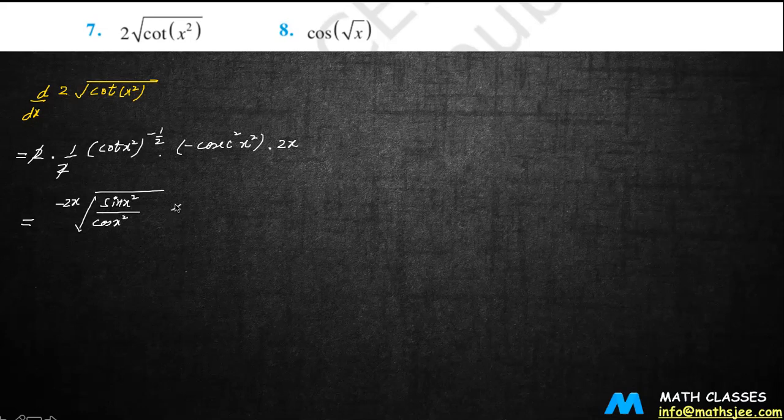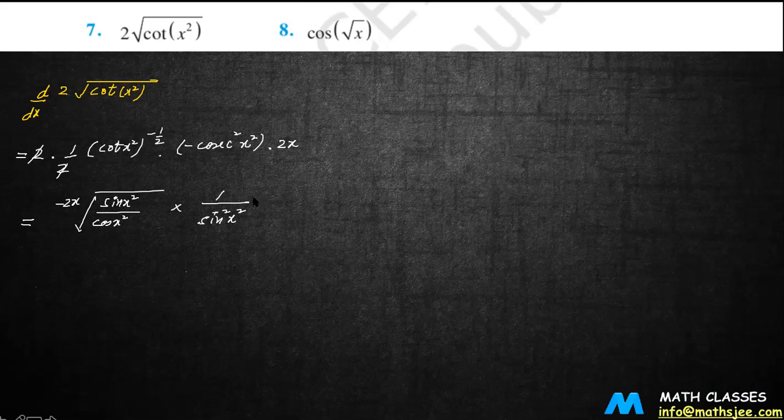Cos of x square into 1 by sine square x square. So finally you can get these terms cancelled out, right? And then you can do it accordingly.